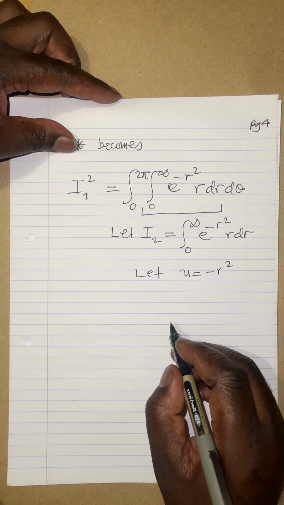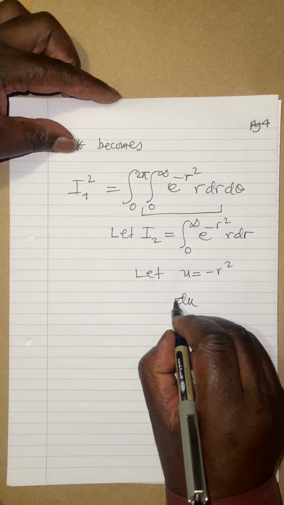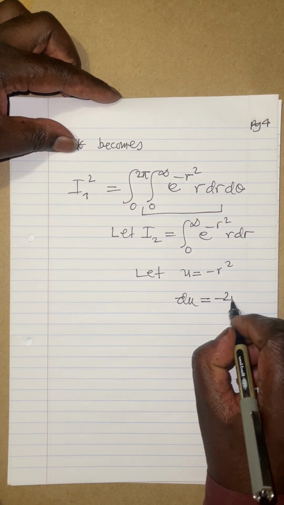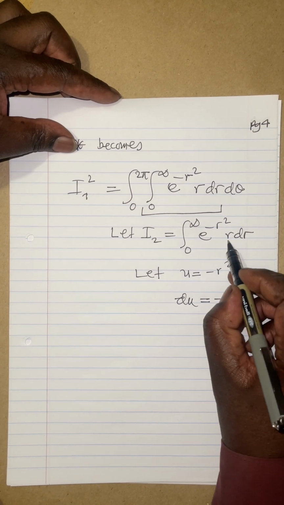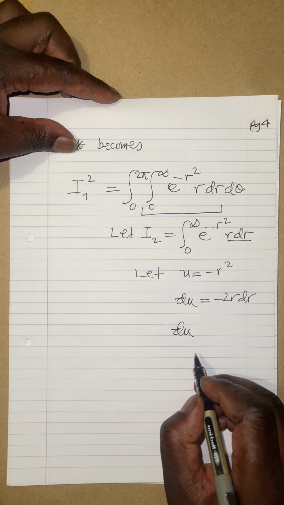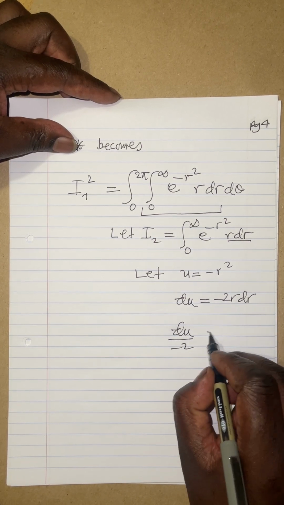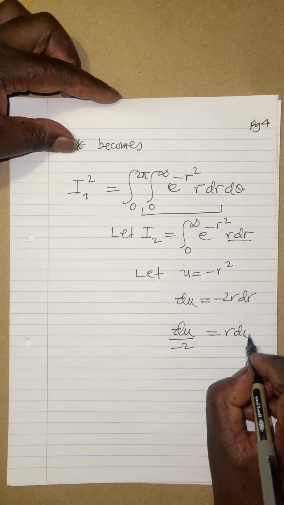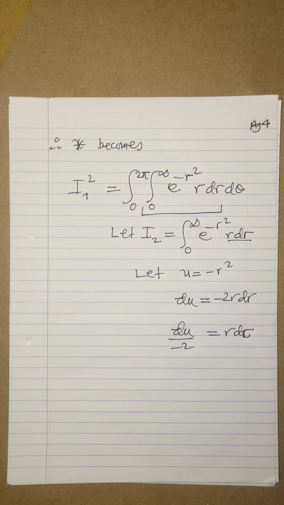And therefore du, you'll agree with me, is going to be minus 2r dr, but I have r dr here, so the minus 2 must go. I'm going to say du over minus 2 will be r dr.